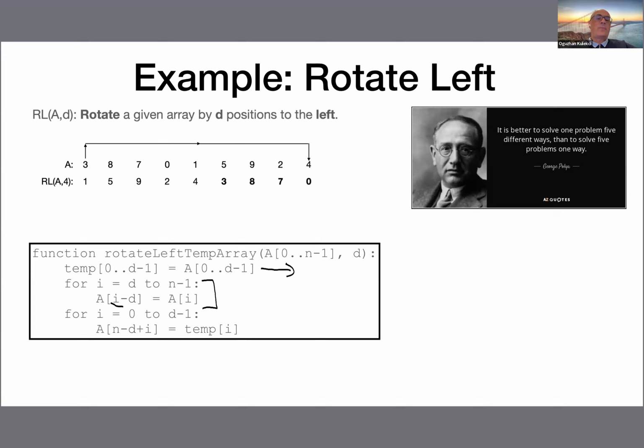You see, A[i minus D] becomes A[i]. Good. And then at the end, with a second for loop, I will just copy the previous elements stored in the temporary array to the last D positions of this array.